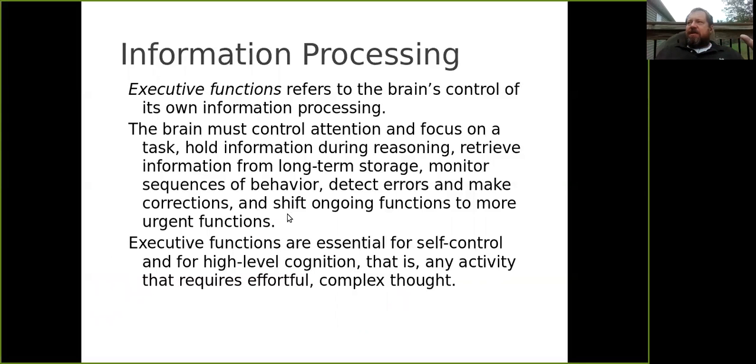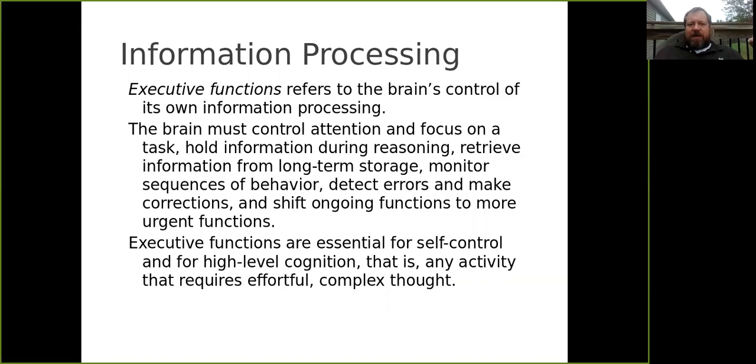So some of the different aspects of information processing, one is executive functioning. So this would be equivalent to maybe your operating system in your computer. This is the instructions for how the brain controls, how it directs its own information processing. How does the brain direct attention?